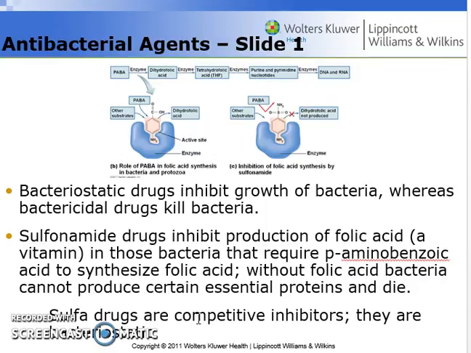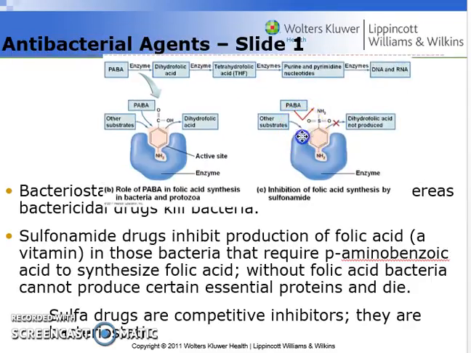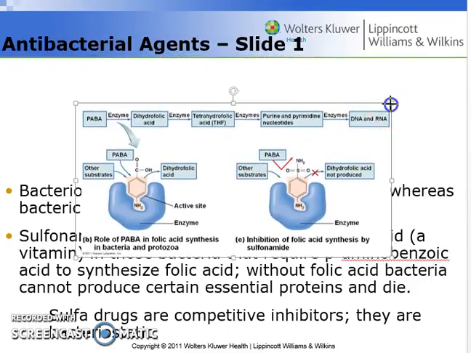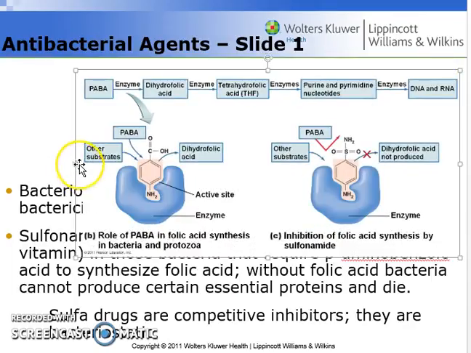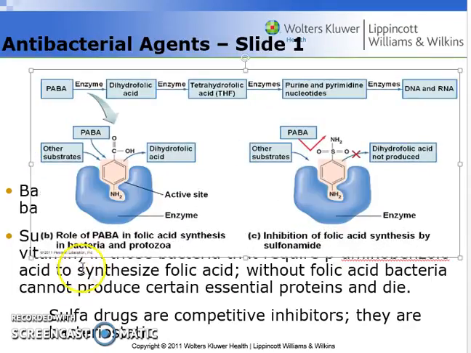And so if this acid is not produced, then the bacteria can't function. So what happens in this particular process is that the sulfamide is acting as what we call a competitive inhibitor. And it basically means that it is serving as a blocking mechanism to prevent the bacterial enzymes from joining where it needs to. Okay.